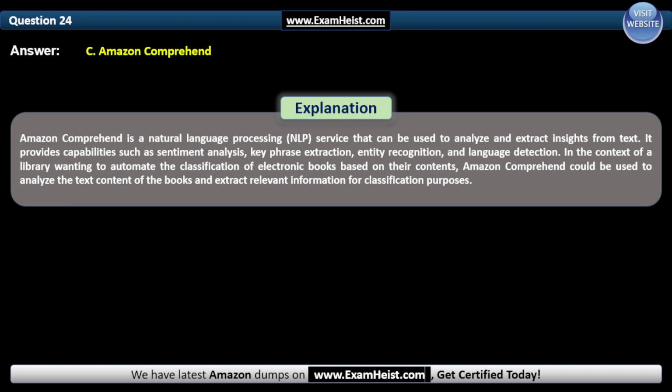In the context of a library wanting to automate the classification of electronic books based on their contents, Amazon Comprehend could be used to analyze the text content of the books and extract relevant information for classification purposes.